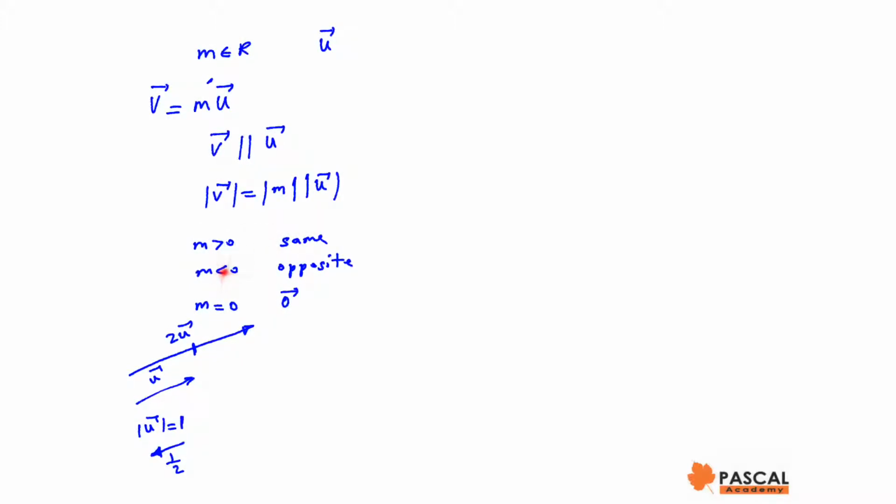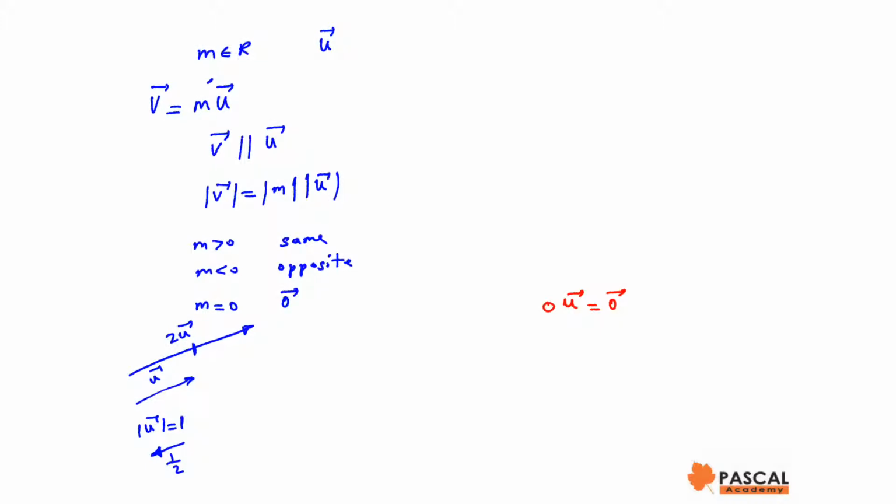If M is negative, the direction of MU is opposite of the direction of U. 0 times any vector is 0 vector. Therefore, if M is 0, the result would be 0 vector.